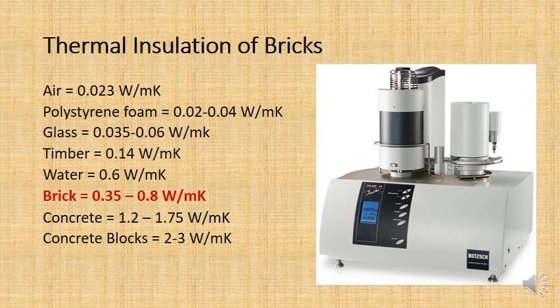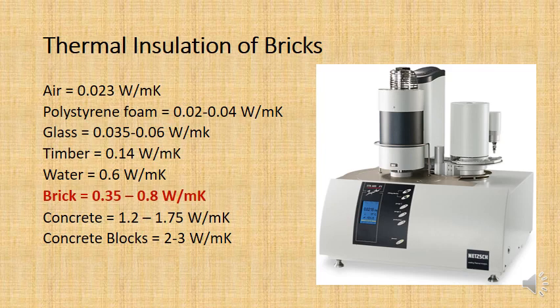And so with concrete blocks, the sort of blocks you see lying around on the street or outside construction sites all the time in Kurdistan, they have even worse insulation, 2 to 3 watts per meter Kelvin. I actually think that this was a figure I got for concrete blocks in another country. I suspect it's actually worse in Kurdistan. I think your concrete blocks might have a thermal insulation of maybe 5 watts per meter Kelvin, but I haven't tested that.